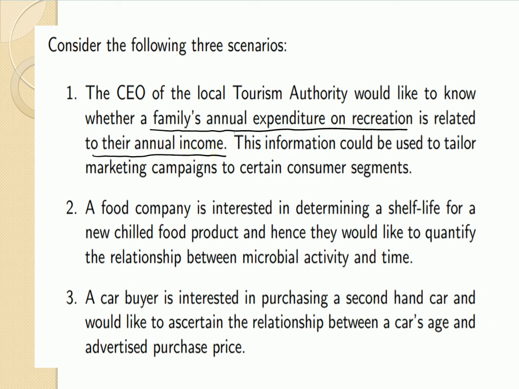To determine which variable is the dependent variable and which variable is the independent variable, we ask the question: does income affect expenditure, or does expenditure affect income? In other words, does the amount of money that you earn affect the amount of money that you will spend, or does the amount of money that you spend affect the amount of money that you earn?